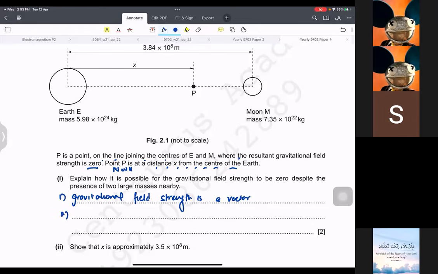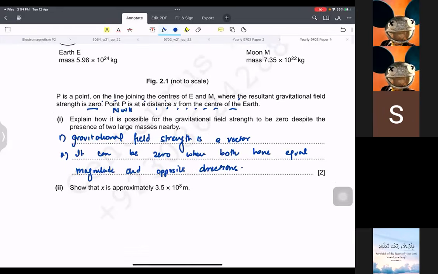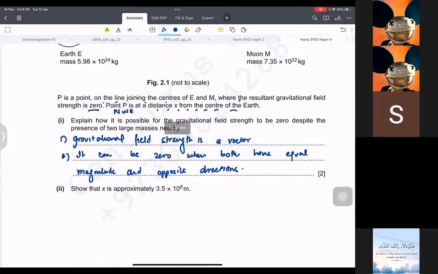Number two. So it can be 0 where both have equal magnitude and opposite directions. That's one.